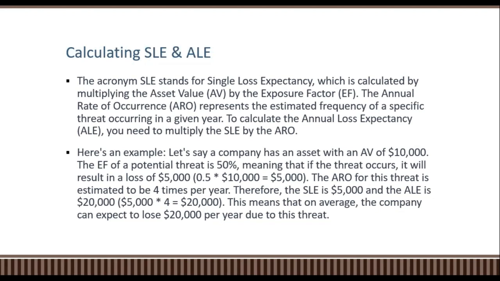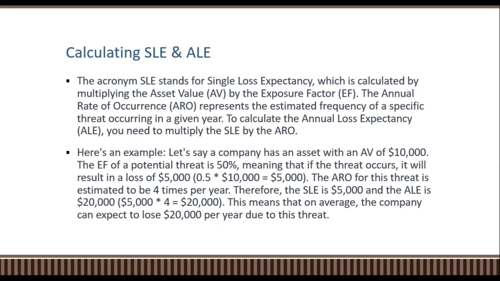Now, the annual rate of occurrence for this threat is estimated to be 4 times per year. That means that this will occur 4 times within a year. Therefore, the SLE, single loss expectancy, is $5,000 for one instance that occurs.